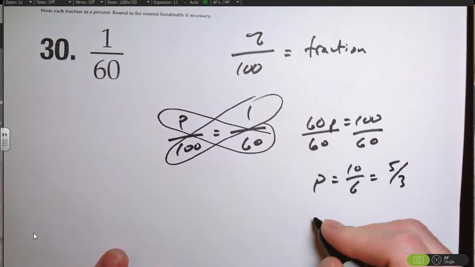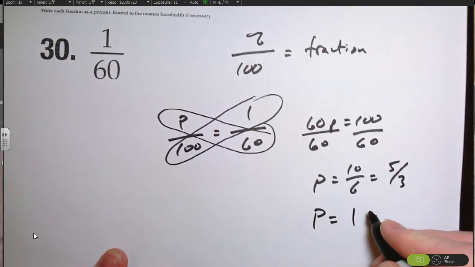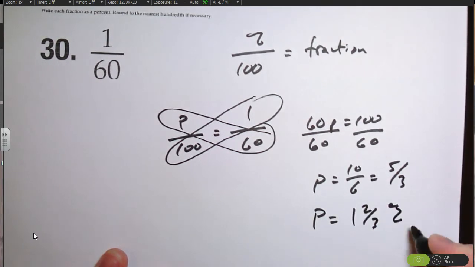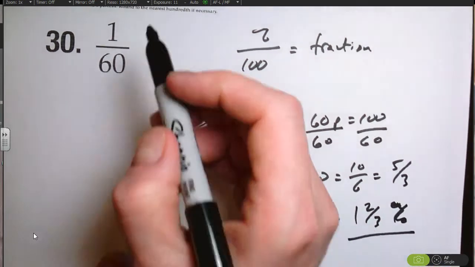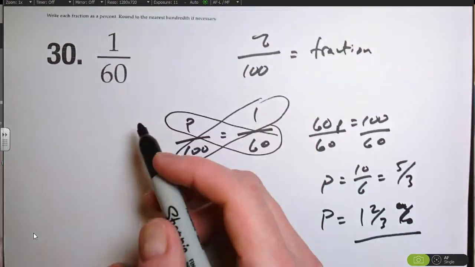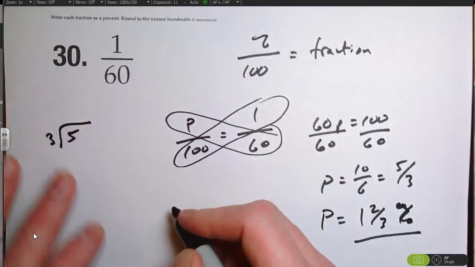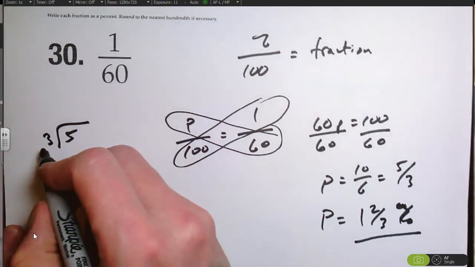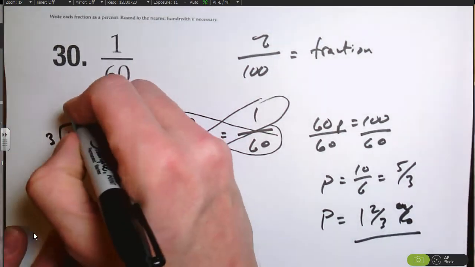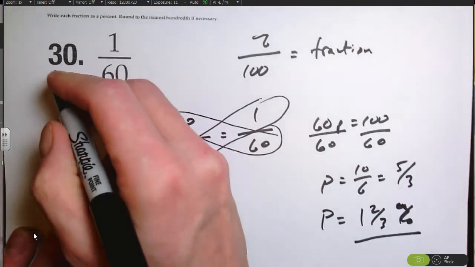Now for me, to be honest, I'm perfectly fine with you making that a mixed number, 1 2/3%. But sometimes the textbook doesn't like that. It says round to the nearest hundredth if necessary. So what that means is I have to divide 5 by 3 and then turn that into a decimal. So 3 goes into 5 once. 2 is the remainder.